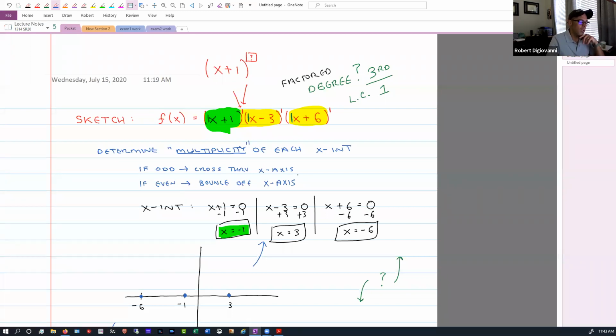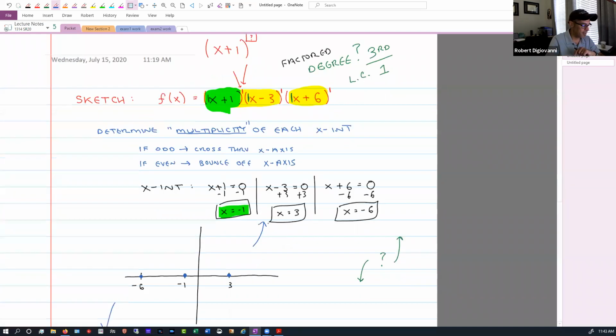So would you all agree that for every x-intercept we have here, the multiplicity is odd, right? Because each one of them has a 1 outside the parenthesis. So they all have odd multiplicities, which means we should cross through at those points.